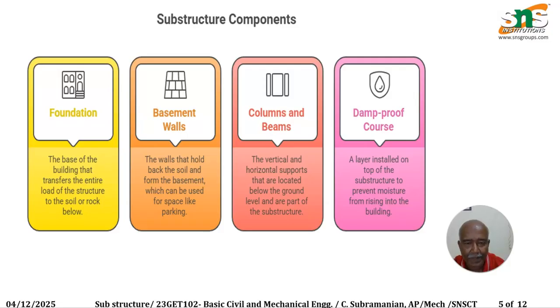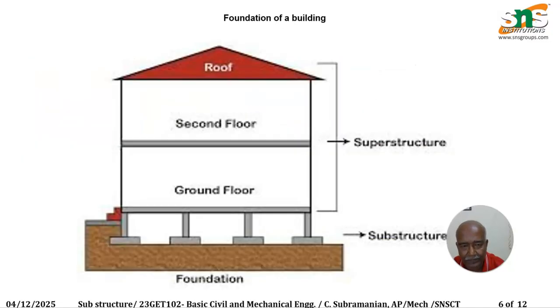Columns or beams are vertical or horizontal supports located below the ground level, and sometimes they are part of the substructure. Damp-proof course is a layer installed on top of the substructure to prevent moisture. The water entering or the water present in the atmosphere must not enter the building, either through the roof or through the walls.